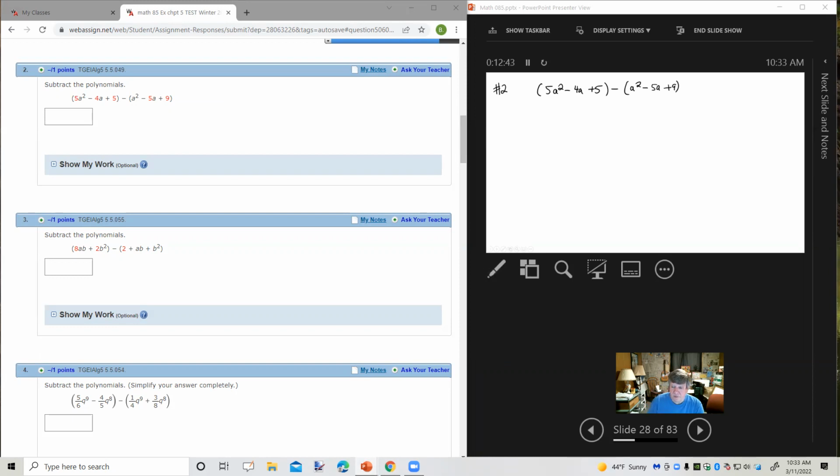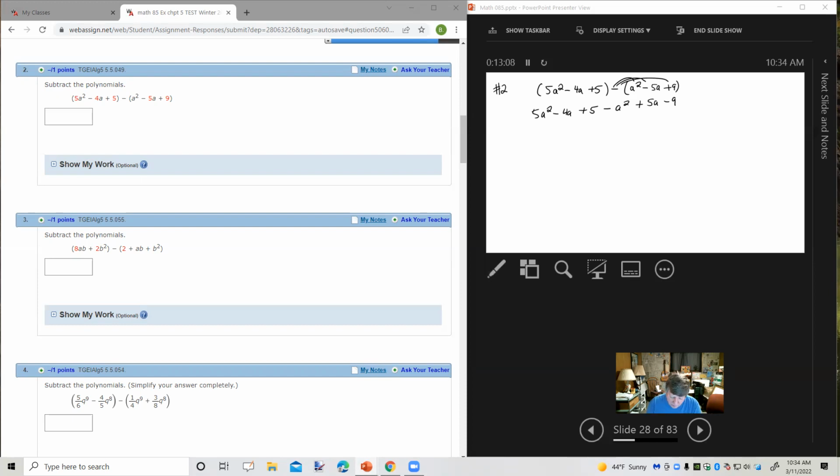When there's nothing in front of a grouping symbol, it's as if there's a 1 in front, and distributing that, we would basically get what's inside, but at the same time get rid of the grouping symbols. If there's a subtraction sign, that's like distributing a -1. So we get minus 1a squared. Minus times minus is plus 5a, and minus times plus is minus.